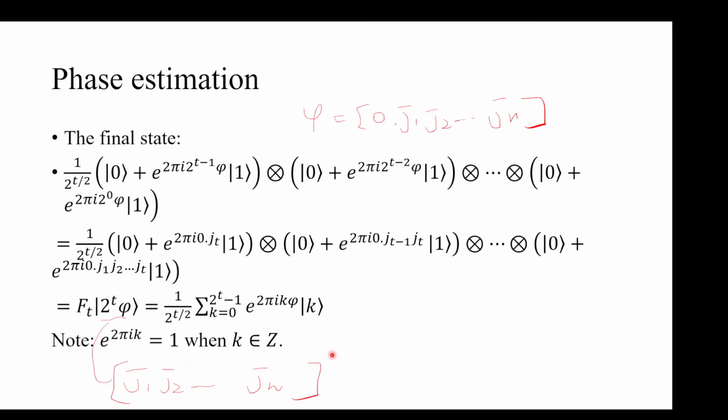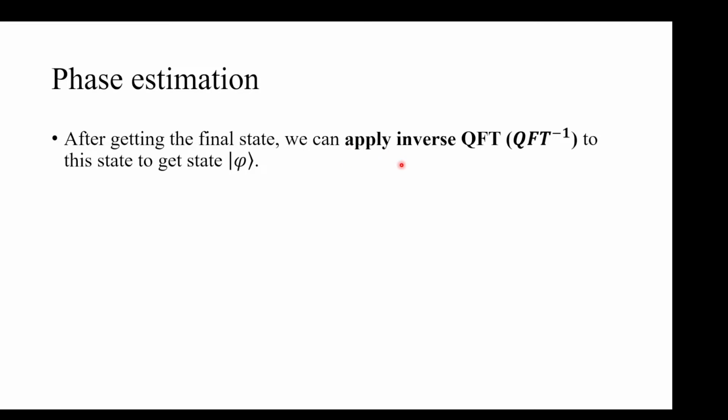We only need to know the Fourier transform of j1 to jn. So if we want to learn j1 to jn, all we need to do is apply the inverse Fourier transform. We just run the Fourier transform circuit backward, and we'll get a state that's 2 to the t times phi.